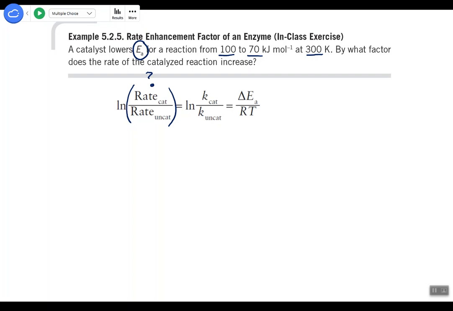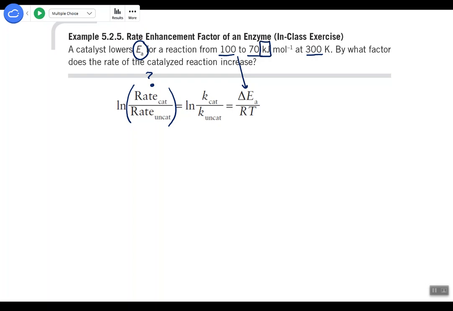Now again, we have a couple different rate comparison formulas on our formula sheet now. We have to choose the one that's relevant to this problem. Here we're given 2 activation energies. Odds are we need to be able to compare them, which is indeed what this formula helps us to do. We can use these 2 values to calculate the change in activation energy.